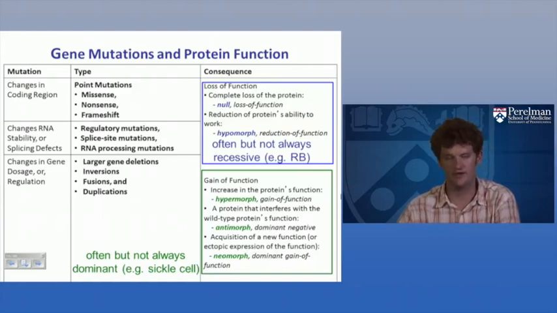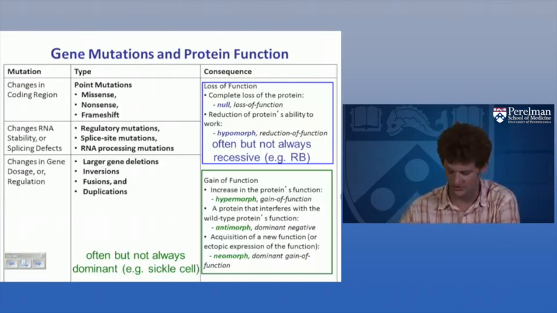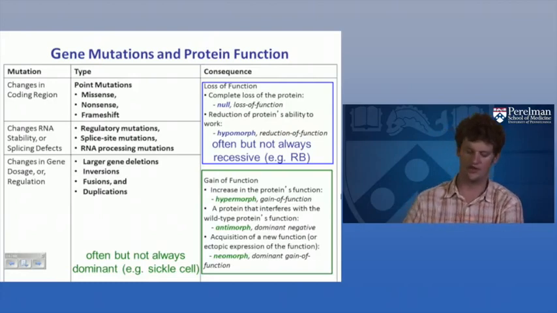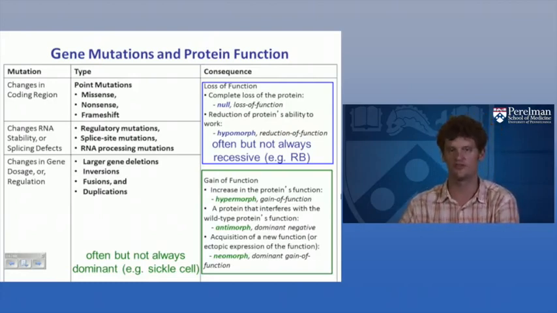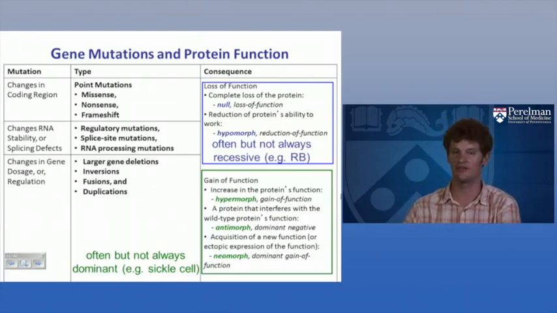You can also have a gene where you really need to have both copies, and one copy isn't enough to maintain normal phenotype, and that also will cause dominant inheritance, even when you have a loss-of-function mutant. And then gain-of-function mutants. There's all sorts of different kinds. You can have just the normal function is amplified in a particular protein, or you could have actually the opposite, where you make a mutant protein that actually interferes with the normal protein.